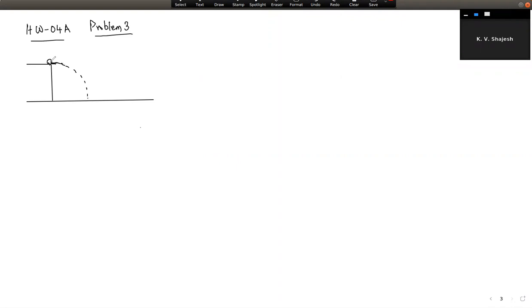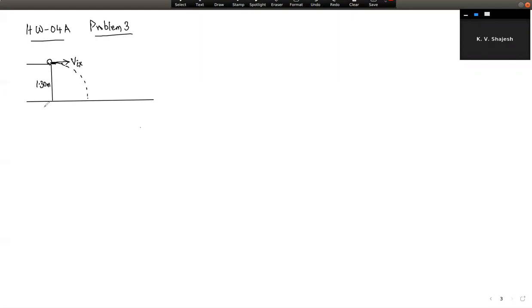And right in the initial point, its velocity is horizontal. So that's v initial, and it is in the x direction purely, right? That's v initial x. The height of the table is 1.3 meters. So it's 1.3 meters.